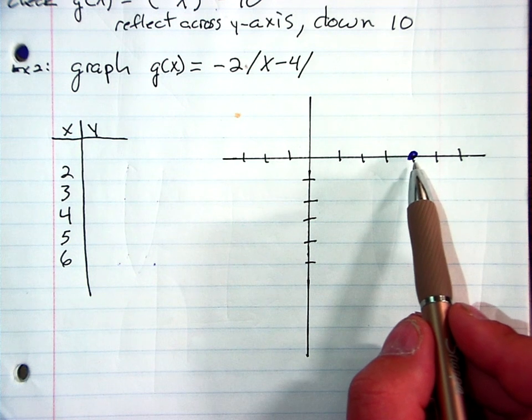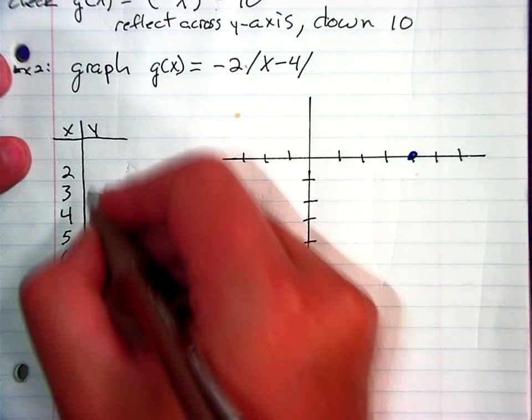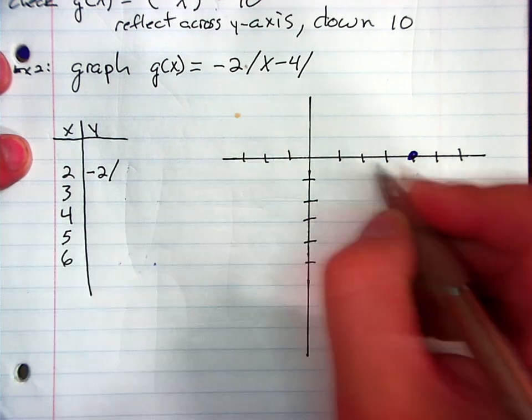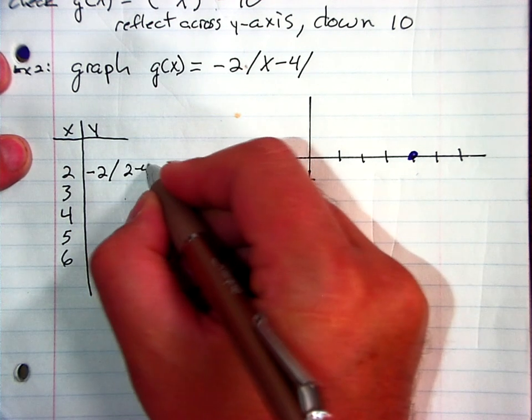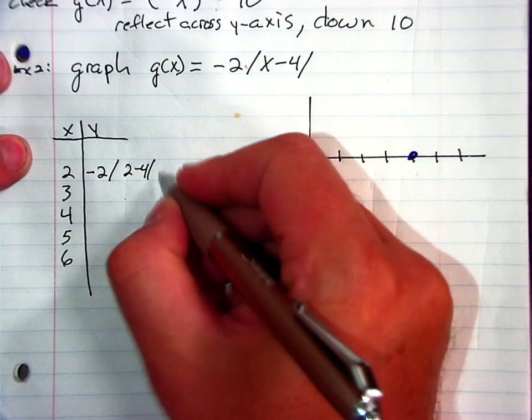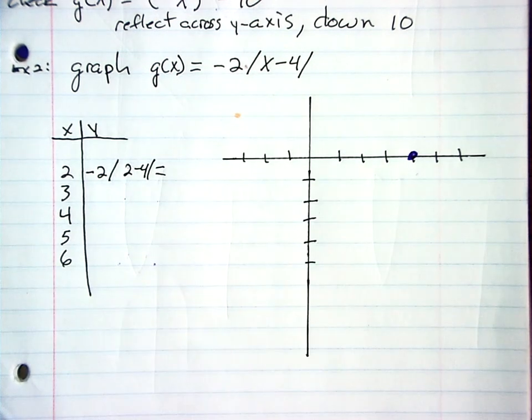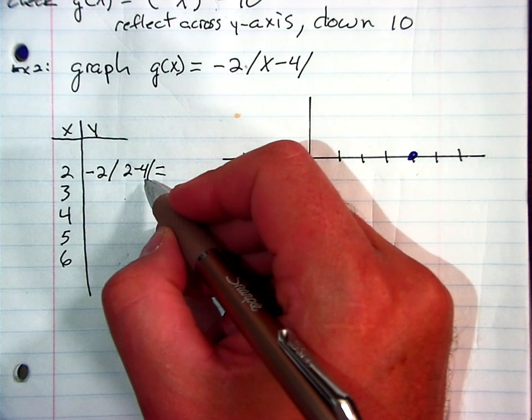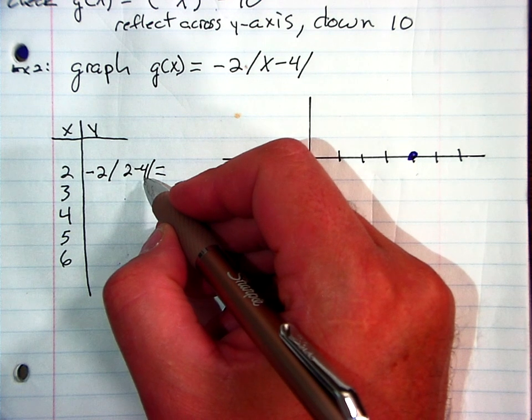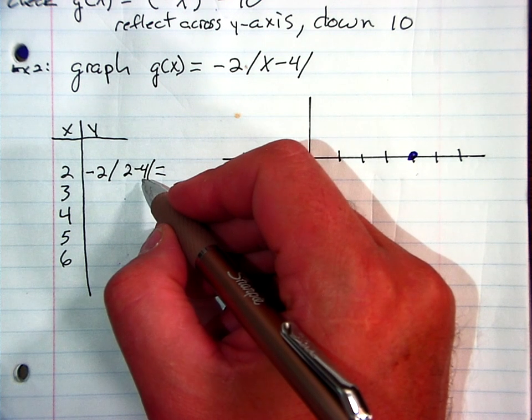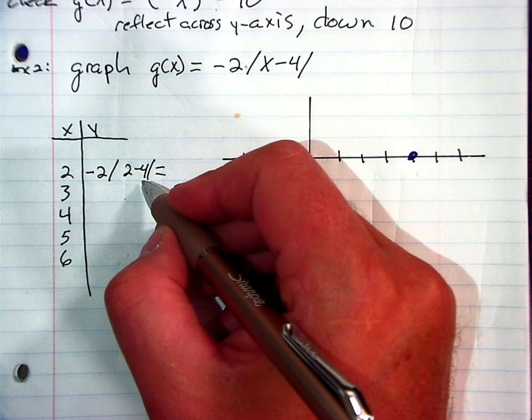All right. So now we just fill in. Negative 2 times 2 minus 4 equals. What is 2 minus 4? Negative 2, but it's an absolute value, so Lexi said if it's an absolute value, it must be positive.